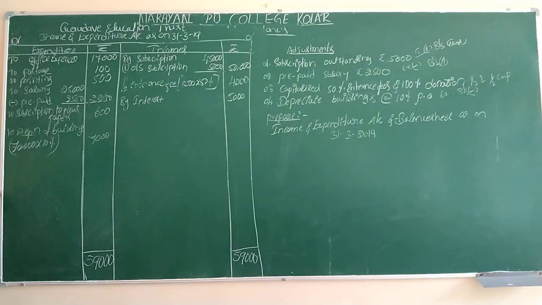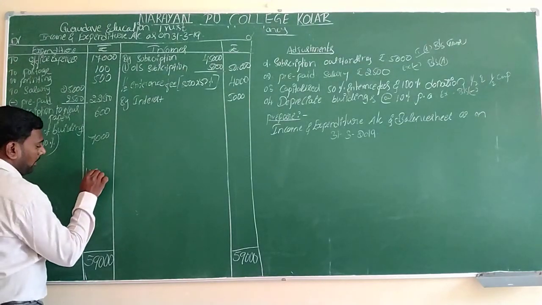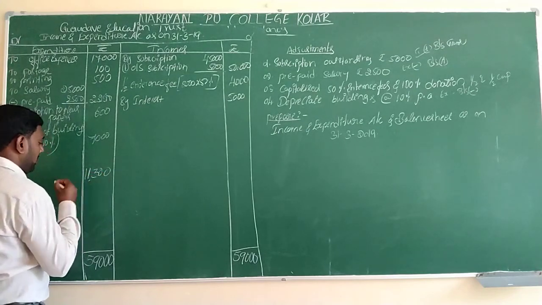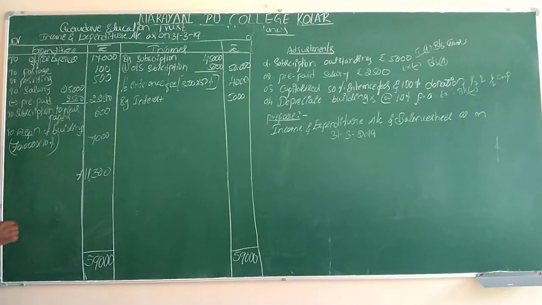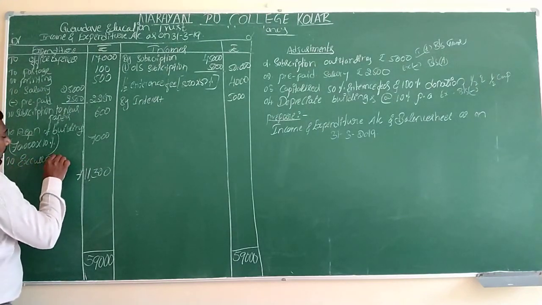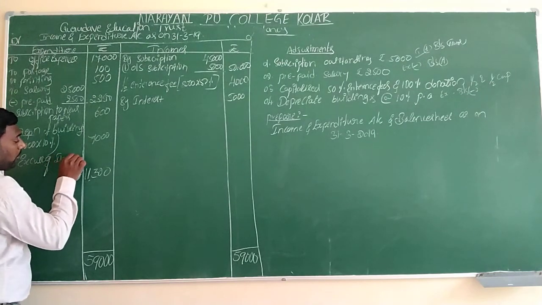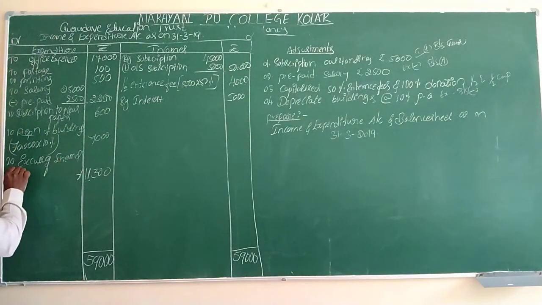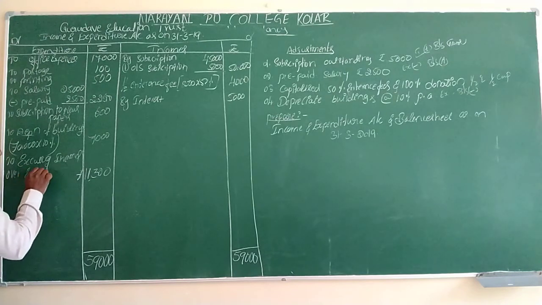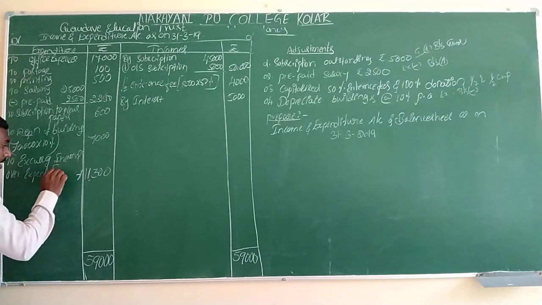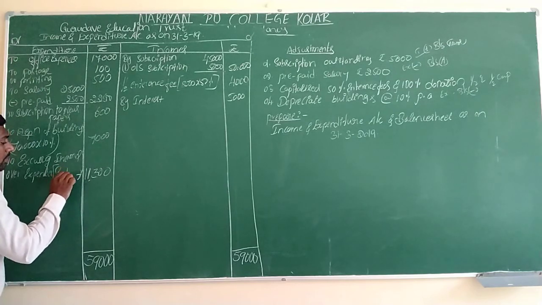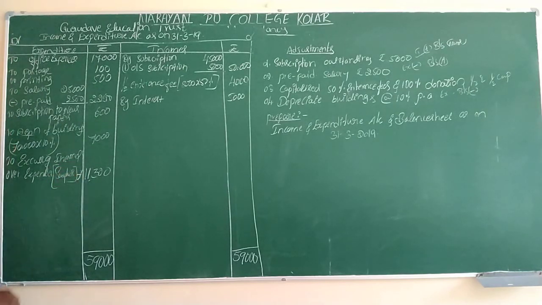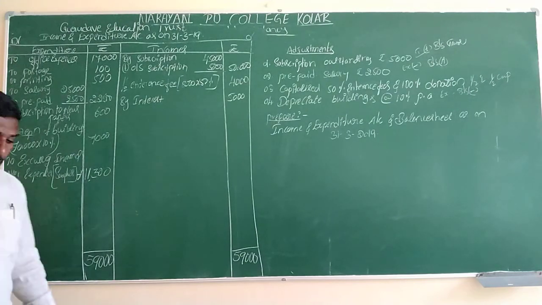Out of 59,000, we have to deduct all the expenses, all the payments. We will get 11,300 as the difference. For this we write excess of incomes over expenses, and in brackets we write surplus.